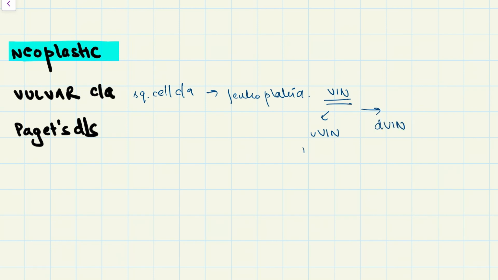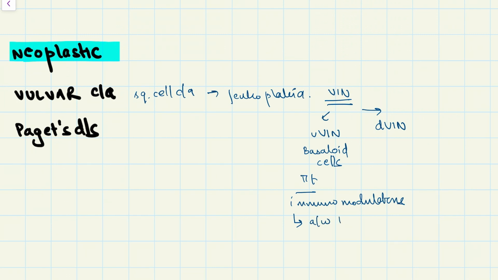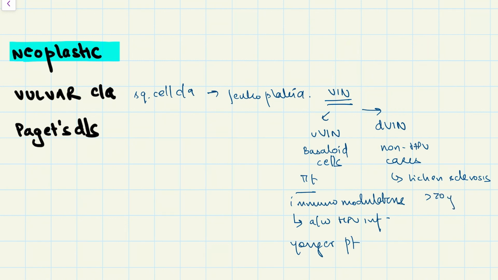In usual VIN, you will see basaloid cells, and the treatment is immunomodulators as it is associated with HPV infection. It is seen in younger patients. Now, differentiated VIN is seen in non-HPV cases. So, it is associated with lichen sclerosis and it is seen in older patients, that is more than 70 years of age.